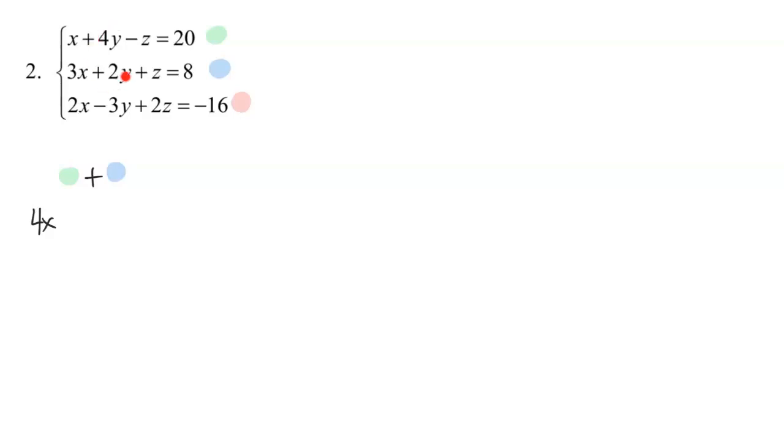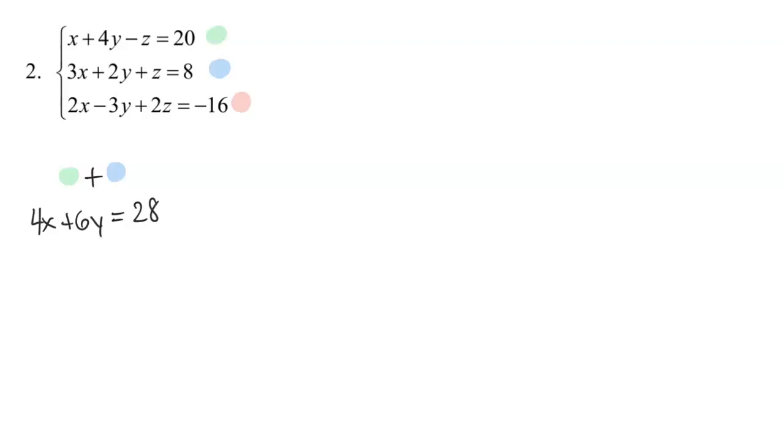The y's are going to add together to give me positive 6y, and then the z's are going to cancel out just like we wanted. This is a negative z, this is a positive z. When I add those 2 equations together, those z's cancel. And on the right-hand side, we're going to add 20 and 8 to get 28.